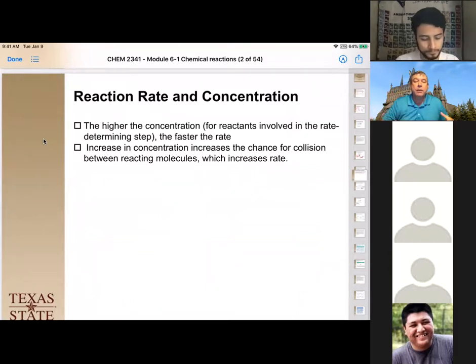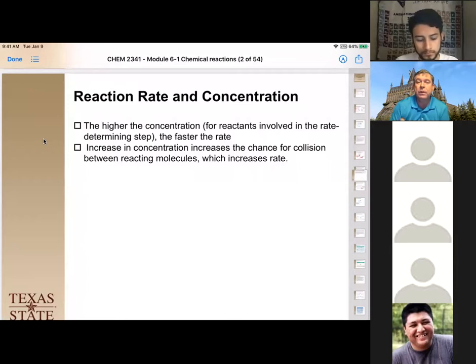Now you have 20 molecules, so you have two molecules every minute that can get close enough to react. Let's double it again, to 40. Now you have 4 molecules every minute. So every time you increase the concentration, you increase the rate of the reaction because you're increasing the number of possible chances that the two reacting molecules can hit each other. And once they hit each other and form that transition state, they cascade down the hill and form products.